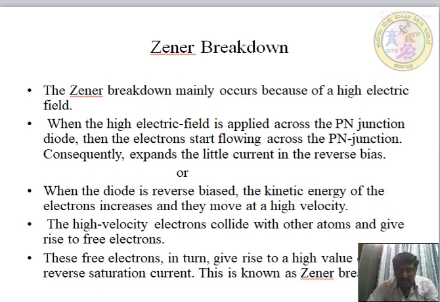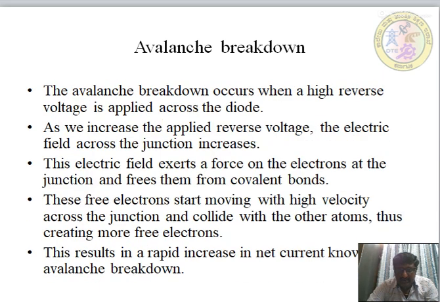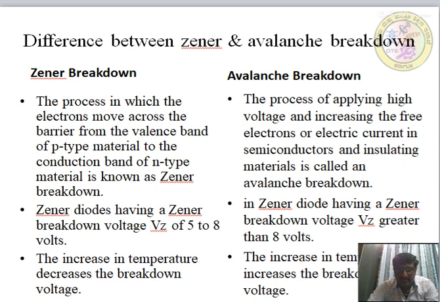So one is the Zener breakdown, and another one is the avalanche breakdown. Now we'll go for the difference between Zener and avalanche breakdown. What are the main differences? Zener breakdown is the process in which electrons move across the barrier from the valence band of p-type material to the conduction band of n-type material.